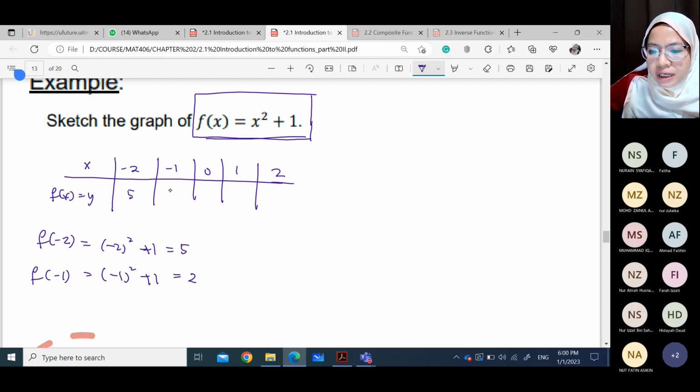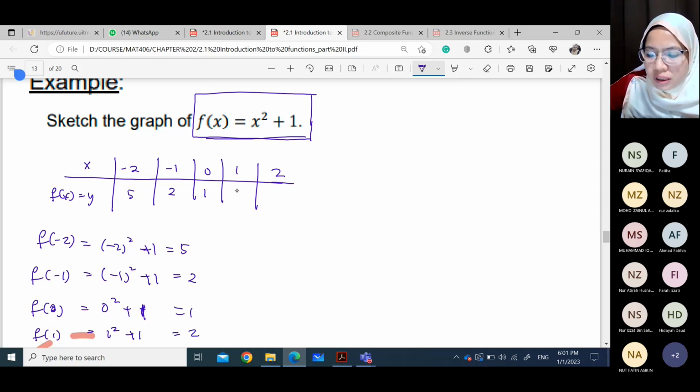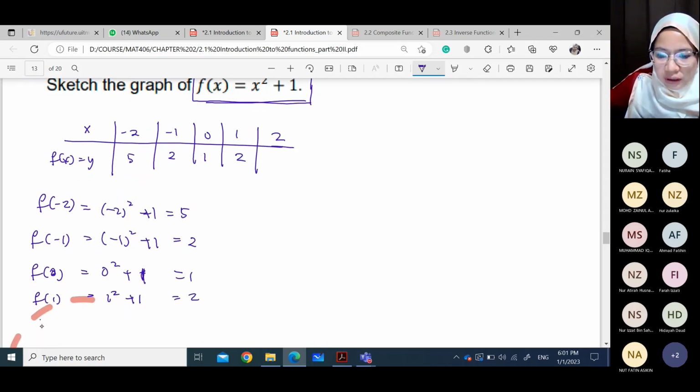So the range for domain negative 1 is 2. Okay, 0, just masukkan 0 squared plus 1. Then here we have 1. So the range when x is 0 is 1. Next, 1 squared plus 1 equals 2. And then for the last one, x equals to 2. So 2 squared plus 1 is 5.